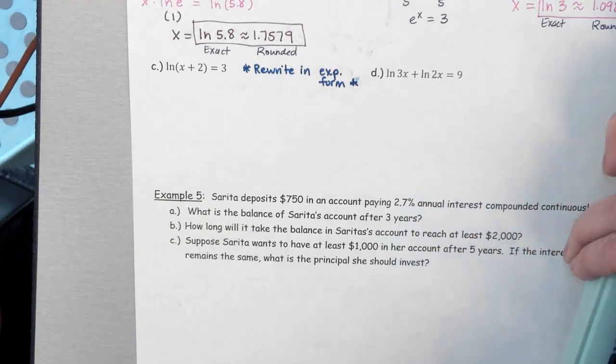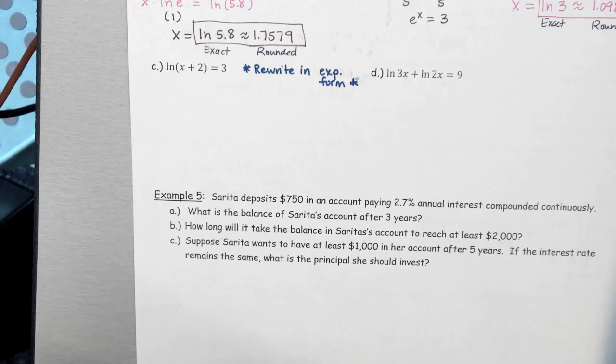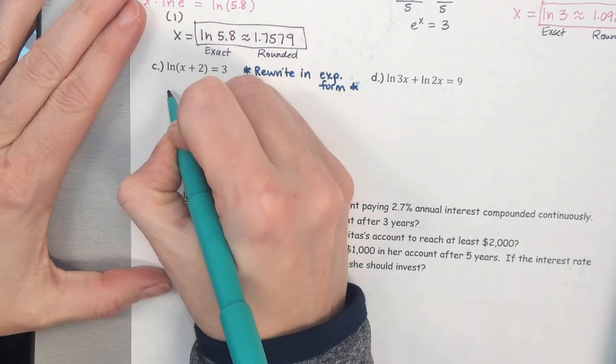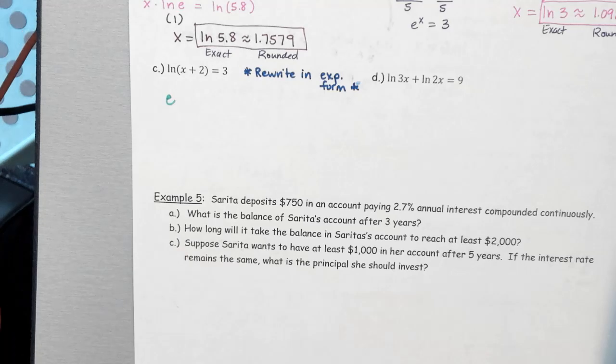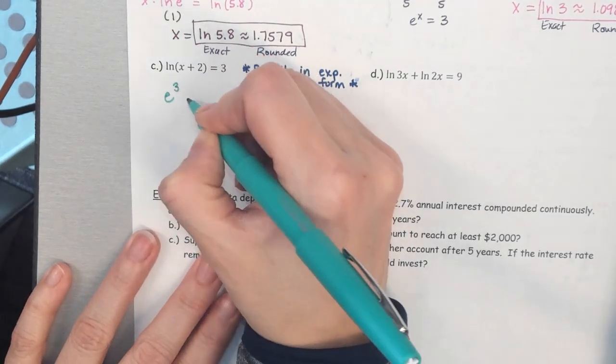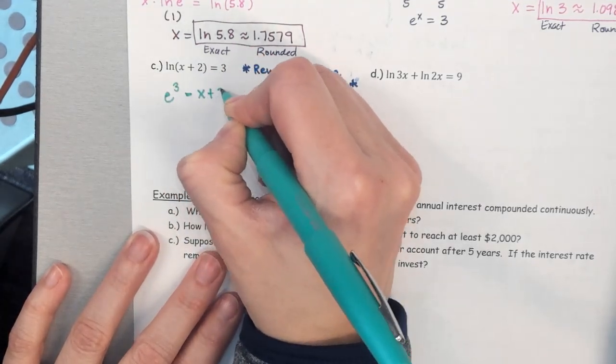We just have to remember what our base is if you have the natural log. So our base of natural log is e, and then what is our exponent? The 3. Great. So we have e to the third equals x plus 2.